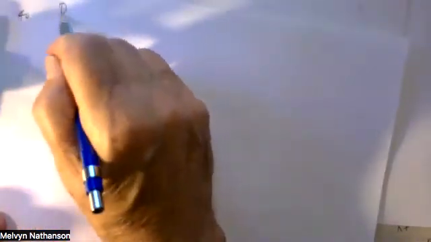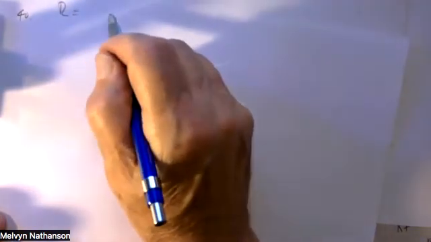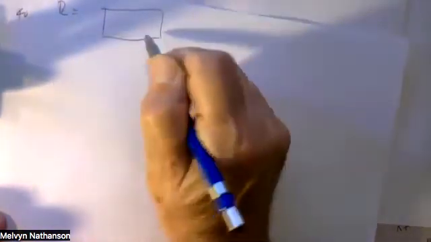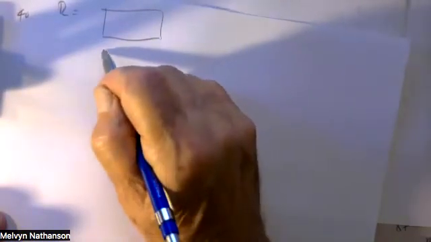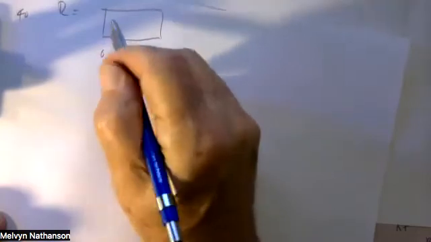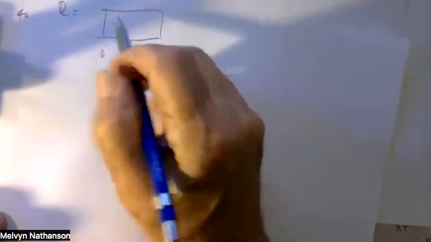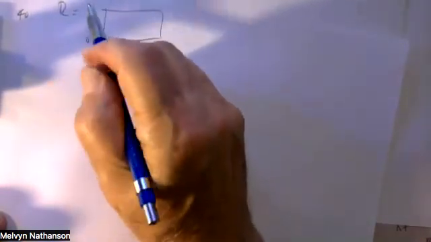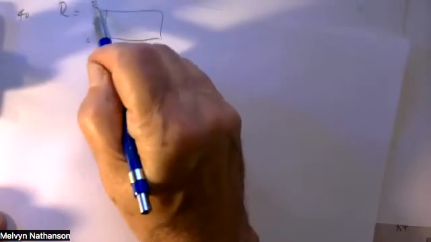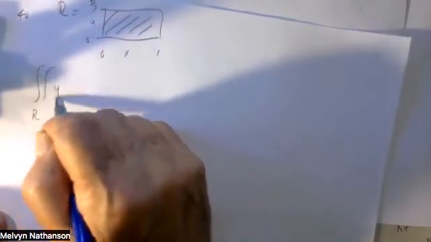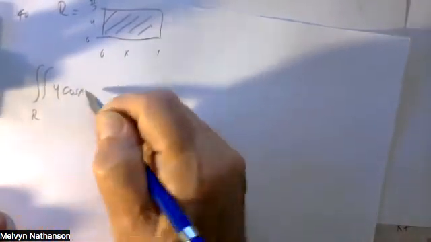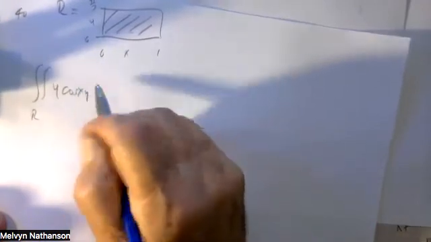We take the rectangle R to be the rectangle where X goes from 0 to 1, and Y goes from 0 to pi over 3. And we want the double integral over R of y cosine xy dA.